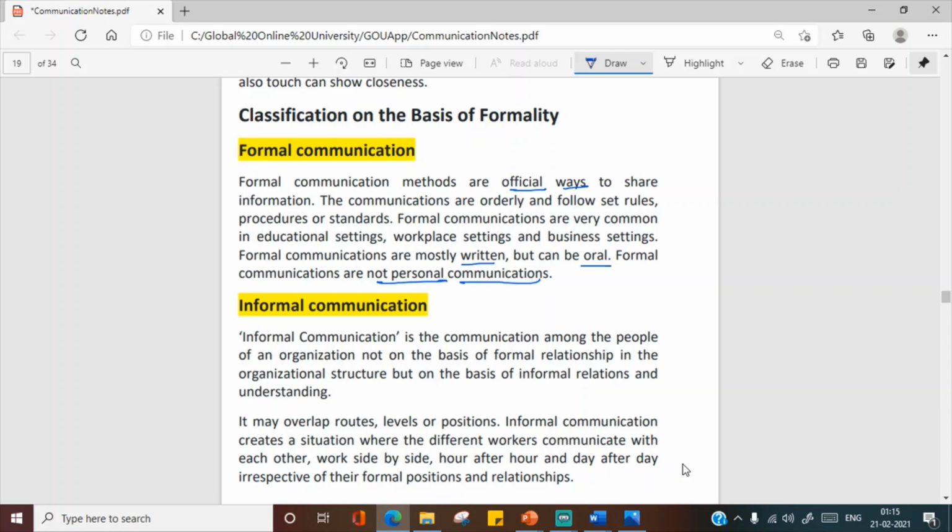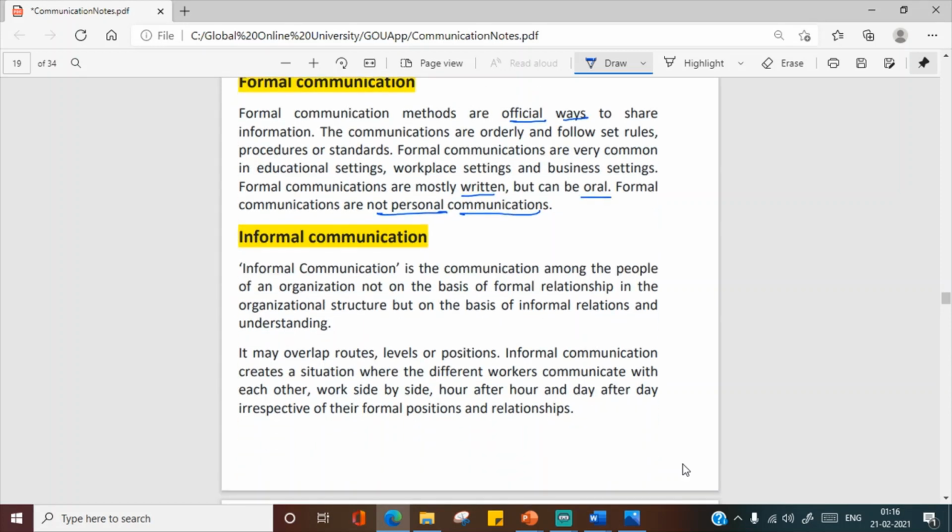The other type based on formality is informal, the kind of communication which we have with our friends, with family, and with our near and dear ones. In an organization, it is not on the basis of formal relationship, but on the basis of informal relationship and understanding. Very normal, very simple kind of communication, informal.